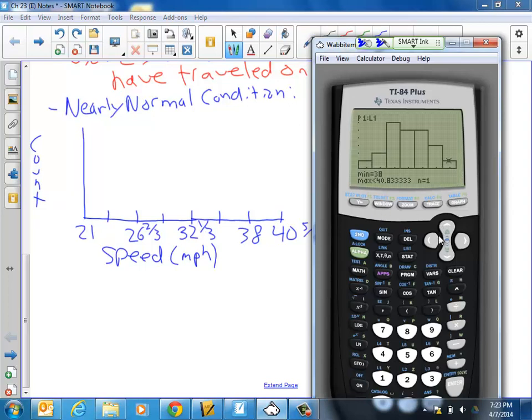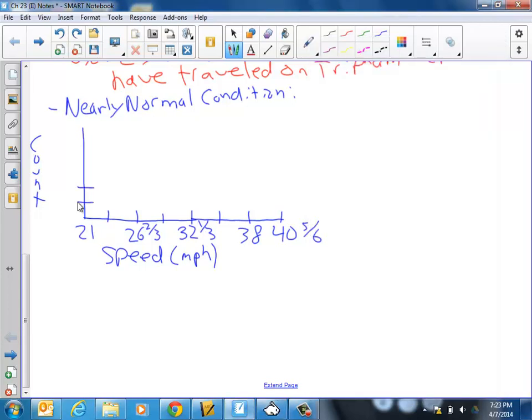For that last bin, we've got a frequency of 1, backing up: 1, 3, 5, 5, 6, 2, 1. Okay, so we've got 1, 2, 3, 4, 5, 6, 7.